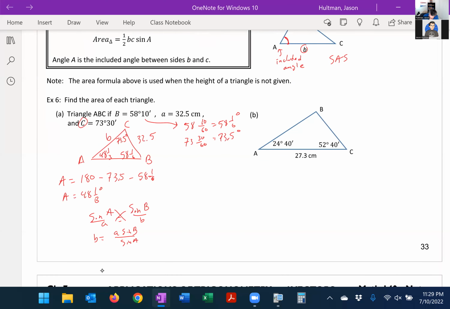And so b is approximately, what is this going to be? a is 32.5, the sine of B we found to be 58 and 1/6, all over the sine of A, which was 48 and 1/3.